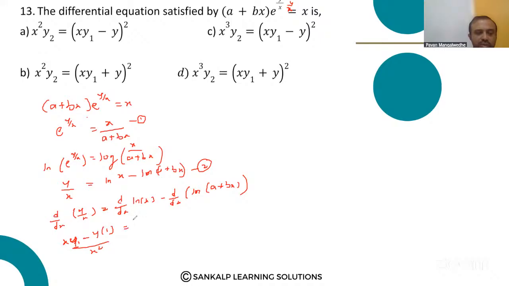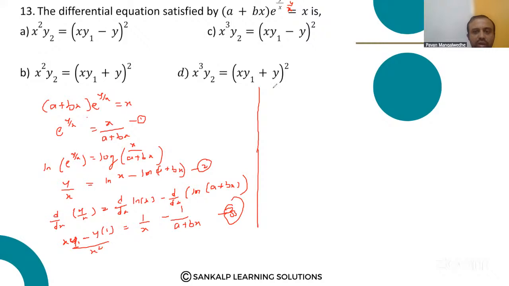This is 1 by x minus 1 by a plus bx. Call this equation number 3.